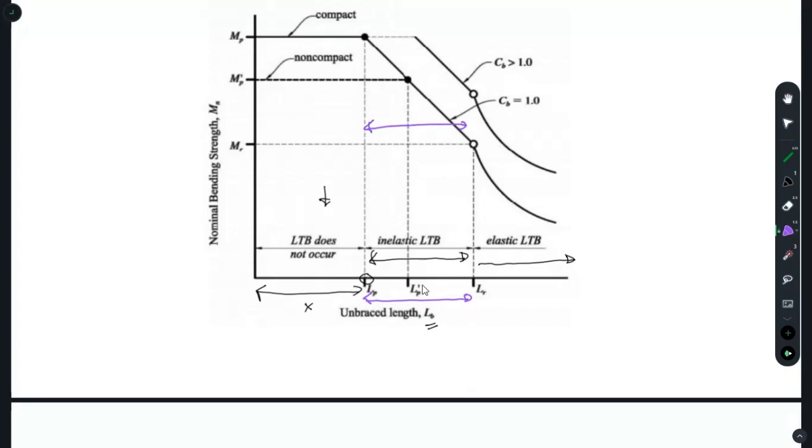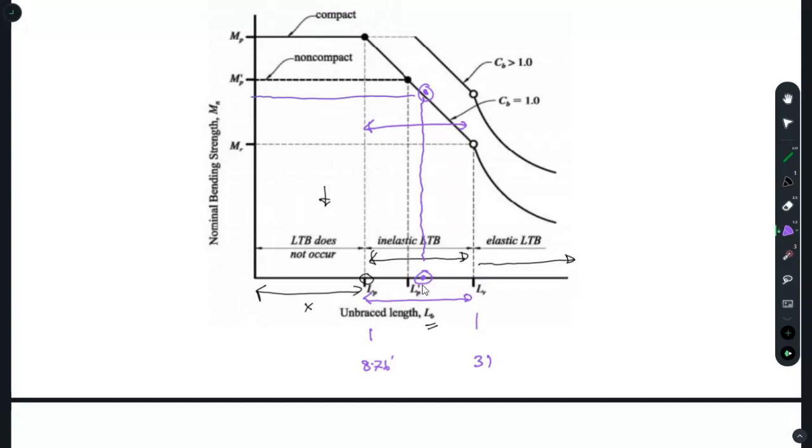Your Lp value was 8.76. So up to this point it was 8.76, and your Lr value is 31 feet, and your Lb value is 15 feet. So you would be somewhere right over here. So for this Lb value right over here, we'll find this value.